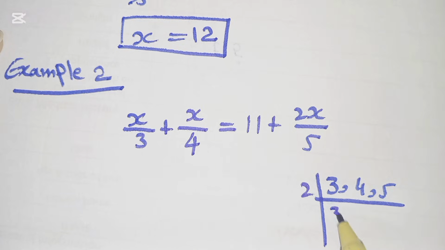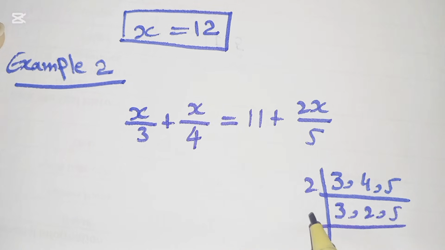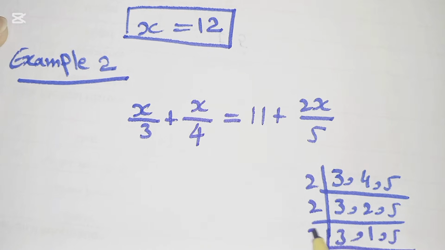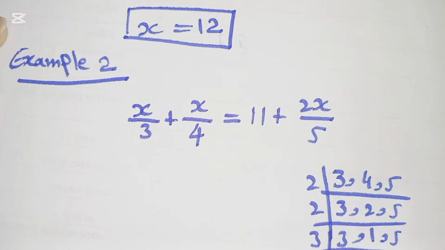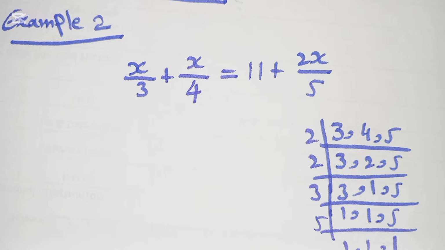Two 2s are 4 and 5, and now this 2 ones are 2, and this 3 ones are 3 and 5, and 5 ones are 5.